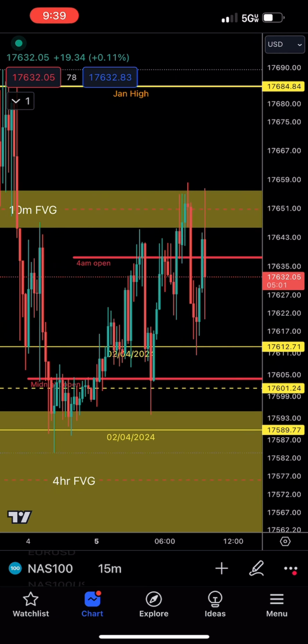I knew that it could have possibly gone into that 1 hour fair value gap, but I wasn't going to hold for that because I didn't have the time to sit there and watch my phone for that amount of time. Now, if it would have done it within like 10 or 15 minutes, fantastic. I would have been in there. I would have rolled it down. I would have made 100 plus points. But I knew that a bigger move like that would take time. So I pretty much knew that I wasn't going to be in there for that trade, you guys.